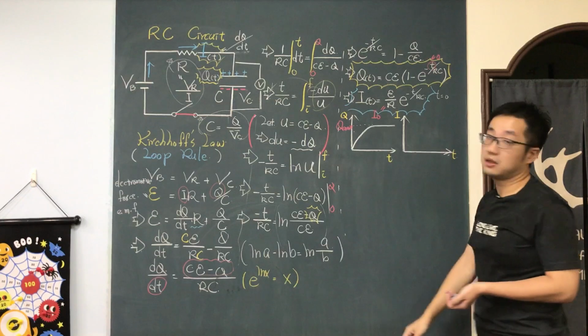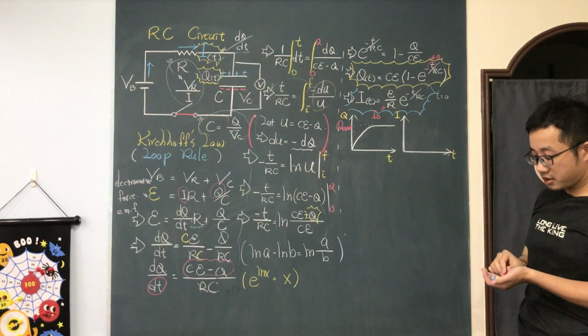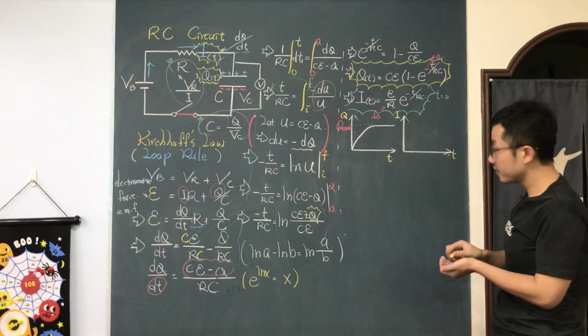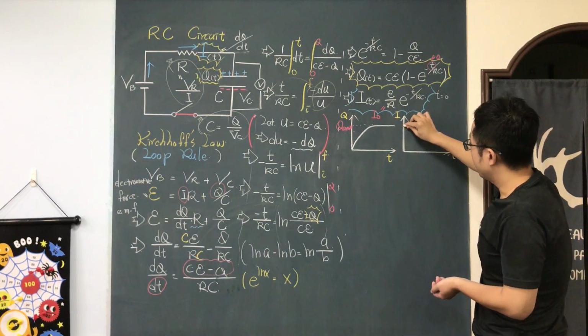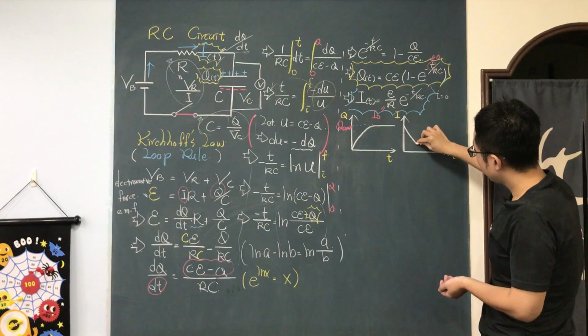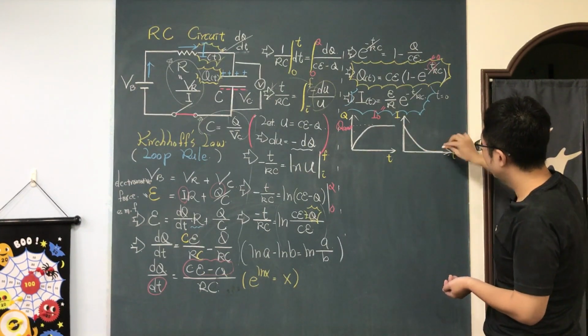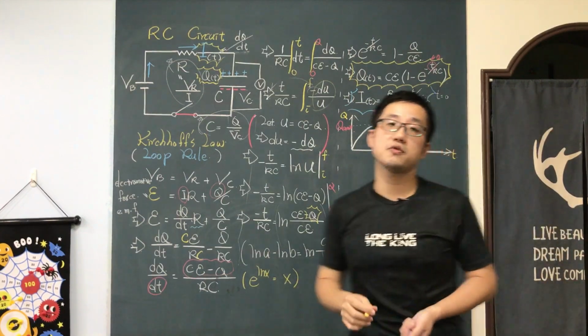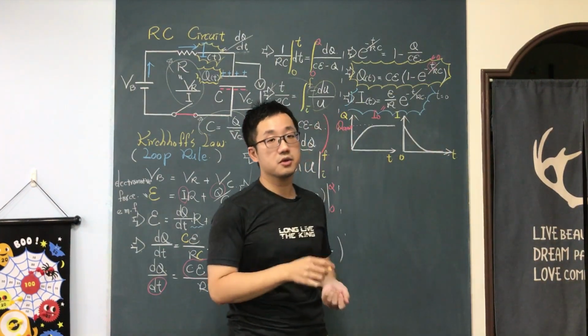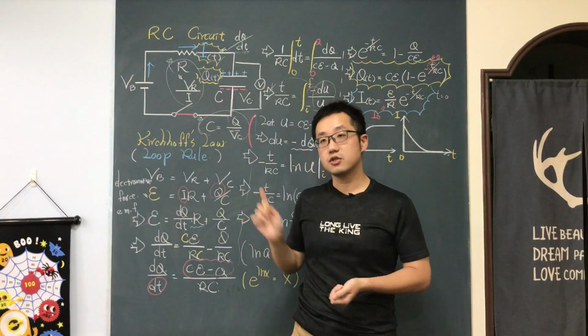That means the maximum value for this circuit. So your current is going to start at the maximum value and drop, and then approach 0. So these are the two functions for your charge and for your current I on the RC circuit.